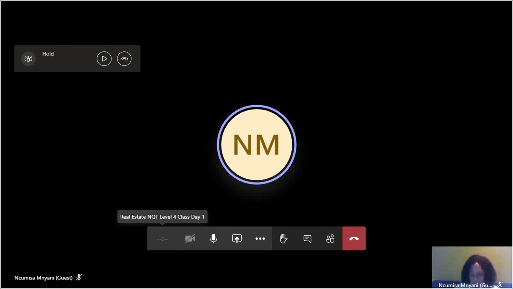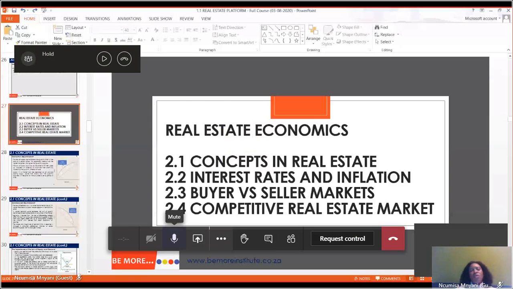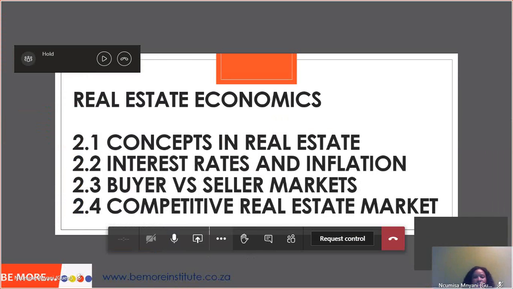Today, we will be looking at the economic concepts within real estate. So we'll be talking about interest rates and inflation, what is a buyer's market versus a seller's market, and the competitive real estate market.